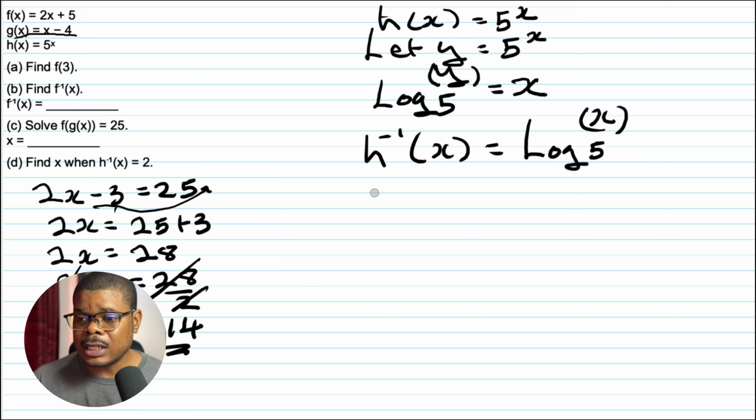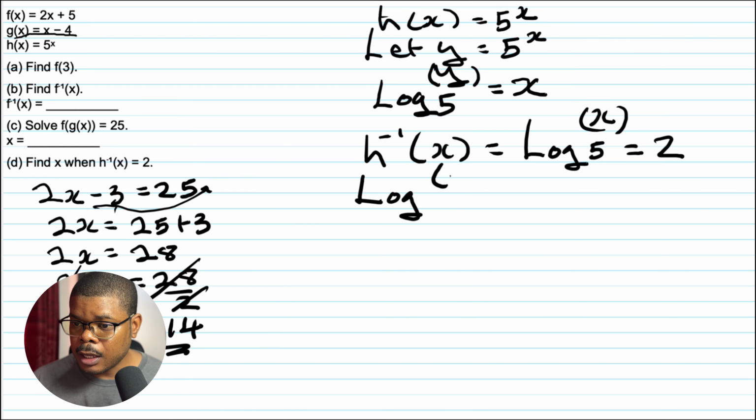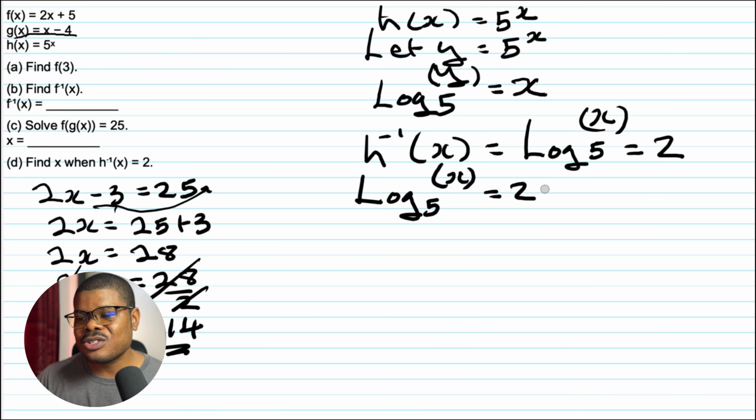All right. And we are told that this h inverse of x is equal to 2. So let me rewrite this. Log x base 5 is equal to 2. So how do we solve this now that we know that h inverse of x equals 2 and log x base 5 is equal to 2? Well, quite simple.